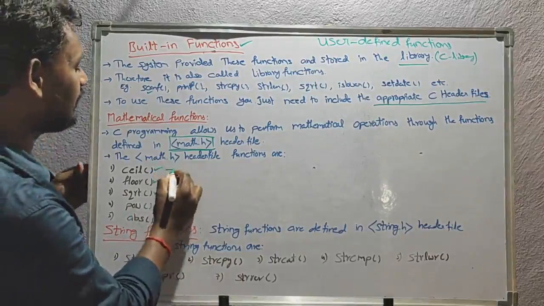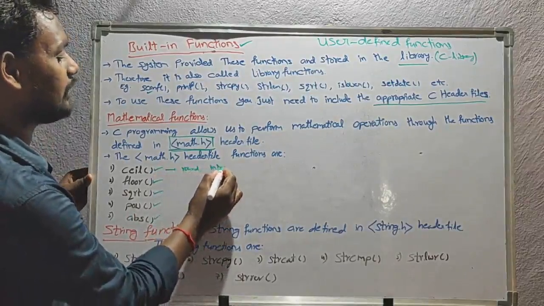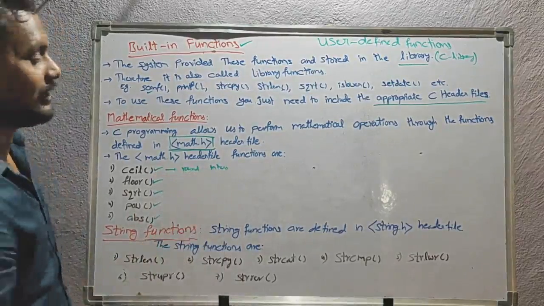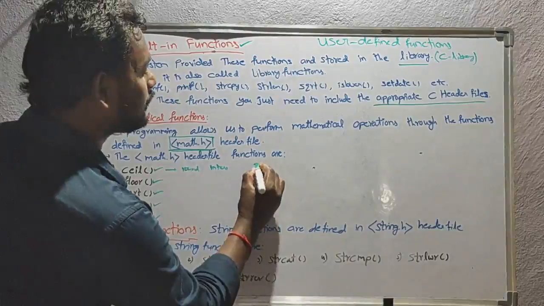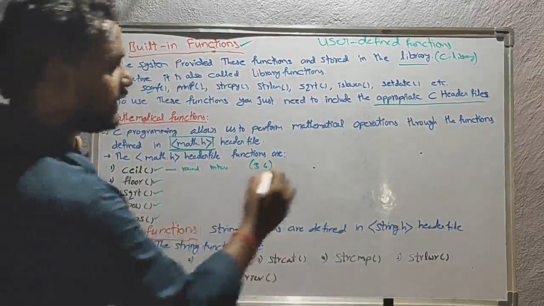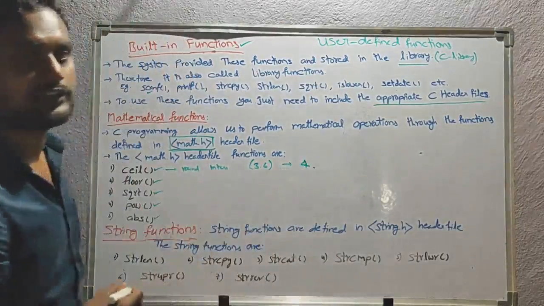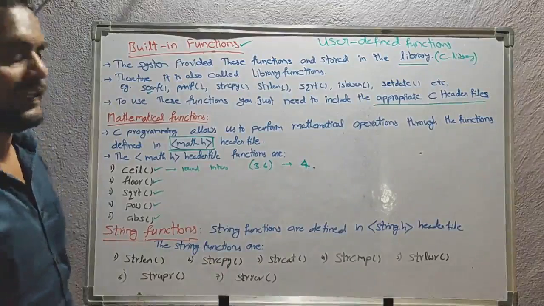The ceil function rounds off your value to an integer. If we have 3.6 as a value, it rounds off to the integer 4 as the ceiling value.